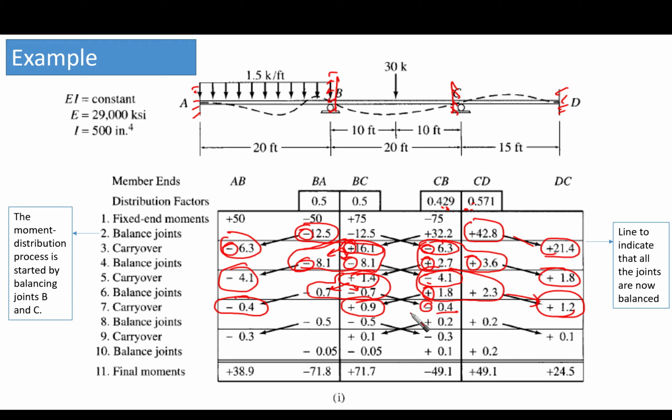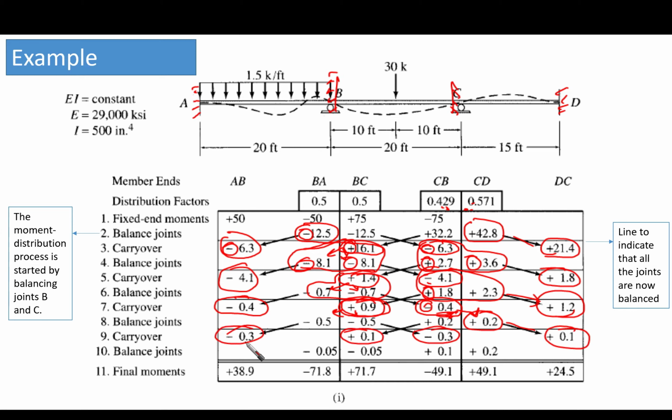You can feel that the numbers are getting smaller and smaller, which means the unbalanced moment is getting smaller. So 0.9, half of it here, half of it here, 0.4 distributed here and here, and then another round of carryover: 0.1 here, minus 0.3, 0.1 and minus 0.3.